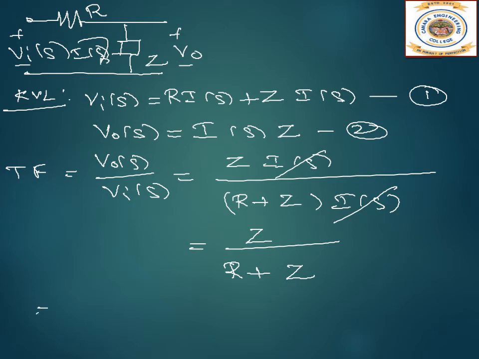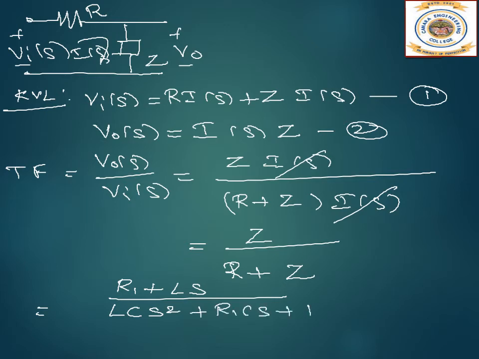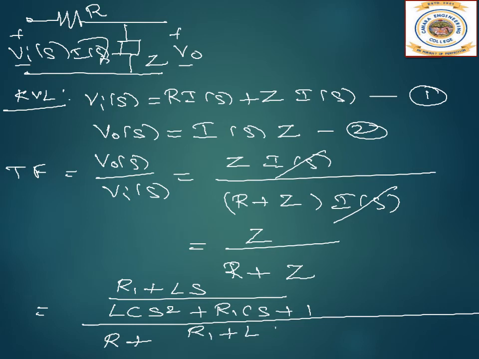Z we got as R1 plus L into S divided by LCs square plus R1 Cs plus 1, whole divided by R plus Z. So this is R plus R1 plus Ls divided by LCs square plus R1 Cs plus 1.